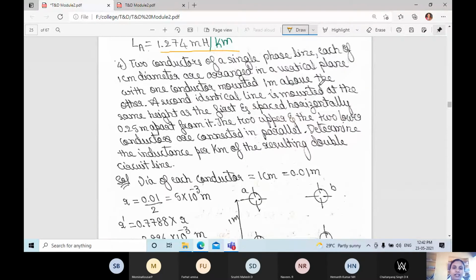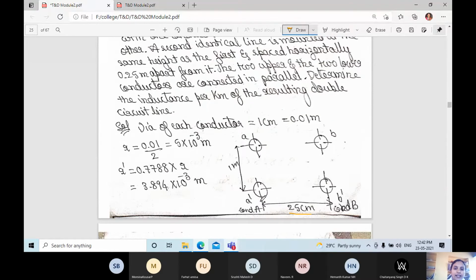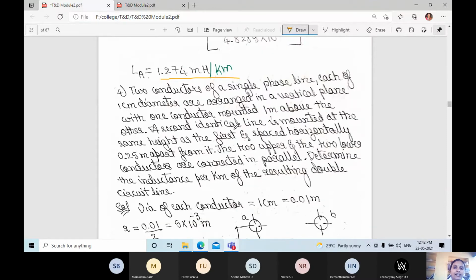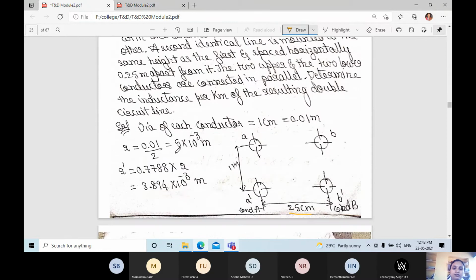They are saying that one conductor is mounted 1 meter above the other. That means here two conductors, A and A dash, with 1 meter distance between them. A second identical line is mounted at the same height as the first and spaced horizontally apart from it.